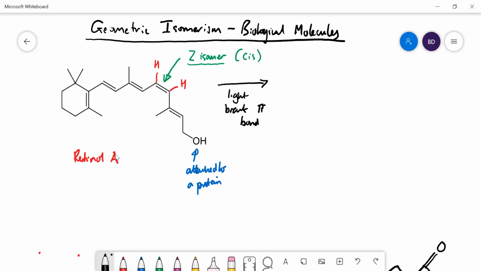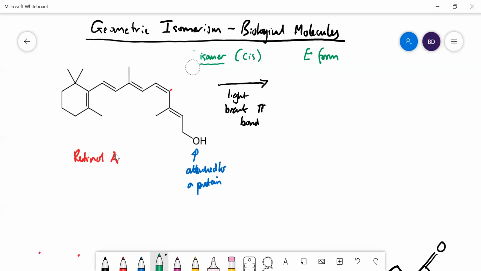You break the pi bond, and the pi bond can then reform, and it won't be in the Z form. It will form in the E form. And if that happens, the kink that's in the molecule is going to disappear. So I'll just rub that out and try and draw what happens then.